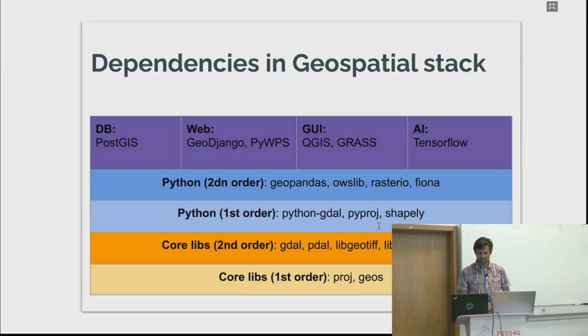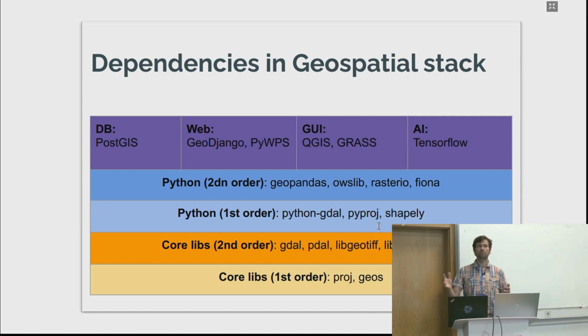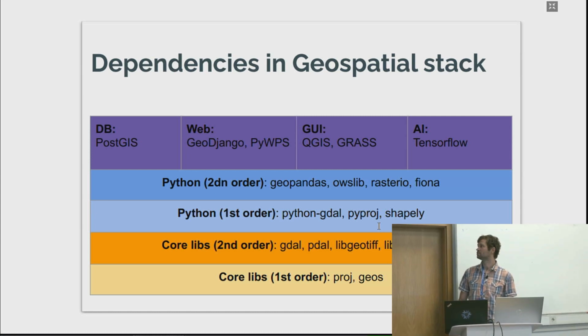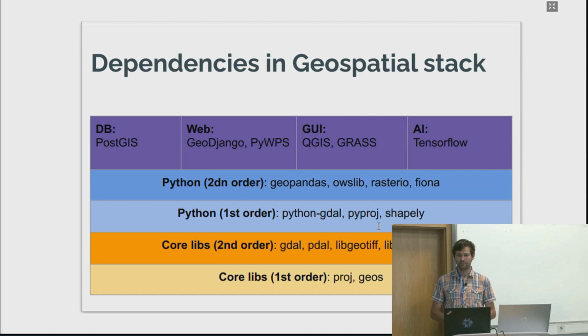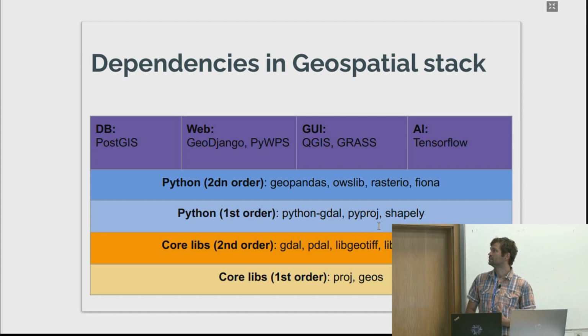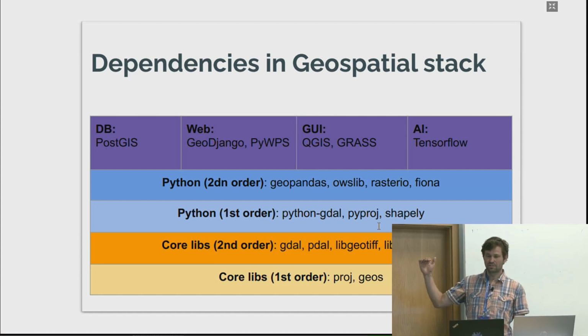So what's the problem? It's not really a problem, but this is the current state of geospatial software. We have multi-level dependencies in our software stack.